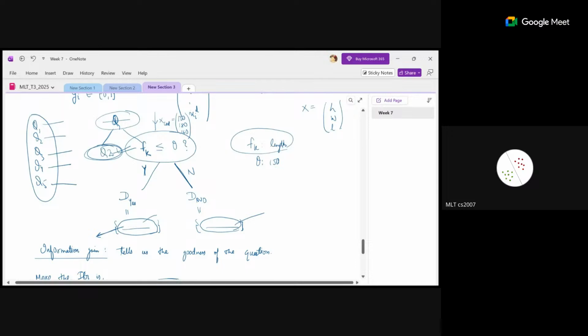We would want that, but if we bring it to a place where the nodes have become fully pure, that is more like overfitting my tree. You would have to perform a lot of steps, and you have completely fit your tree to make the training error zero. That is not an ideal thing to do.